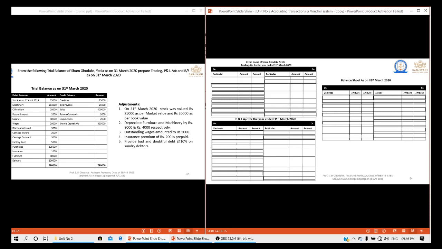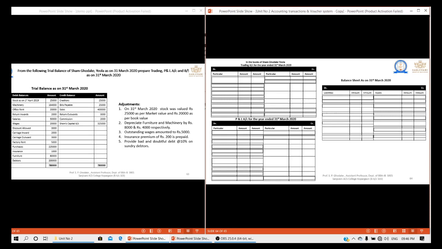On the screen you can see, first we need to prepare the various ledger formats. First we prepare a trading account. You can take almost 10 rows to prepare it. Here you will see debit and credit, particulars, and two amount columns, inner and outer column, and again particulars and amount, with two columns for the credit side also.